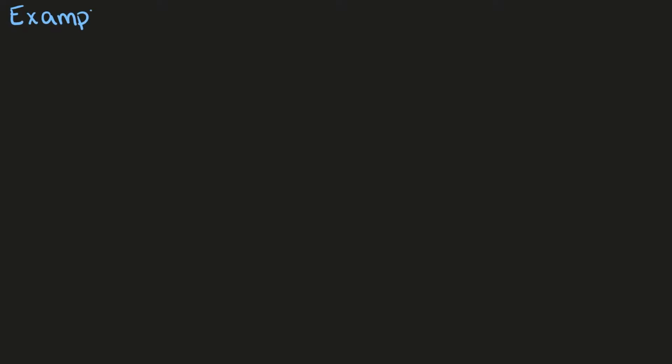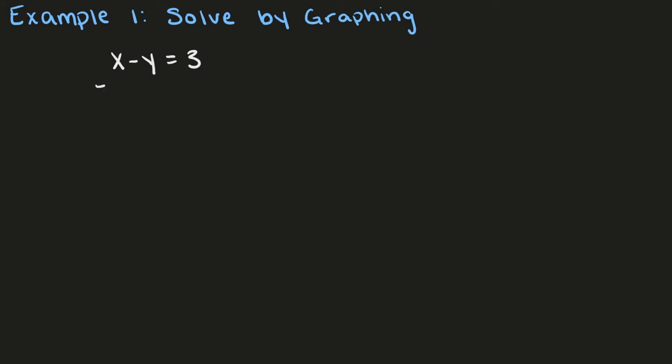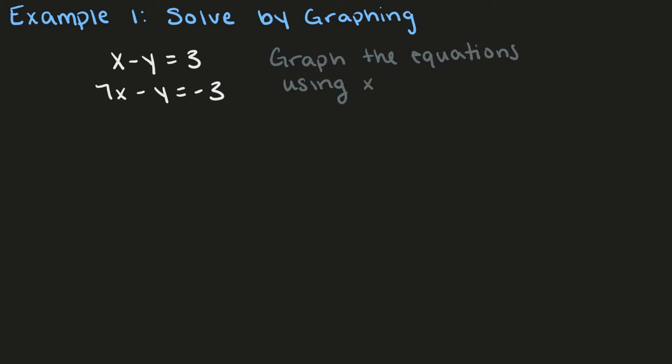Let's look at some examples. First, let's solve by graphing. We have x minus y equals 3 and 7x minus y equals -3. We will graph these equations using the x and y intercepts. First, we'll find the y-intercept of each equation by setting x equal to 0.